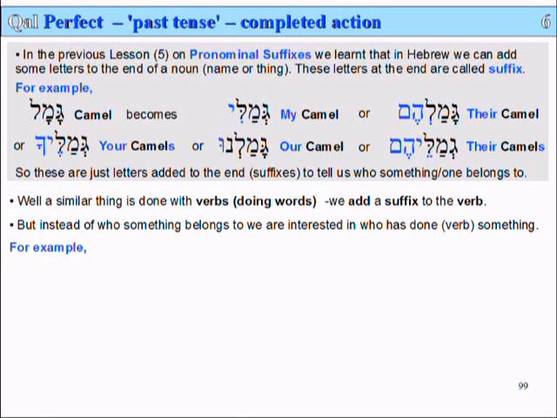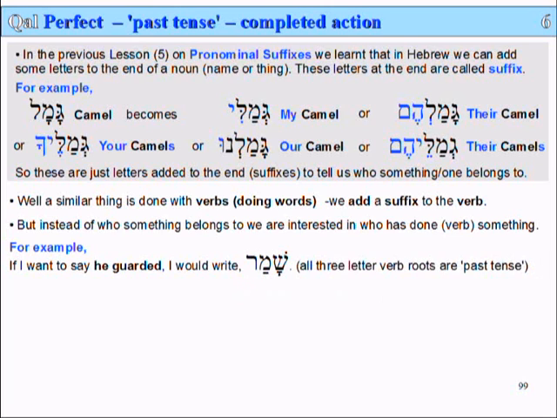For example, if I want to say he guarded, I would write shamar, he guarded. All three letter verb roots are past tense.